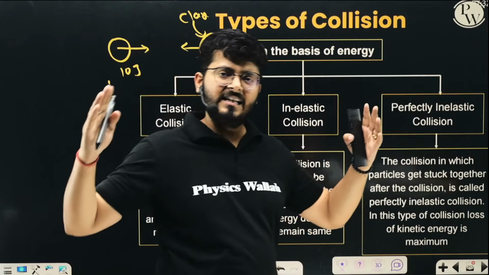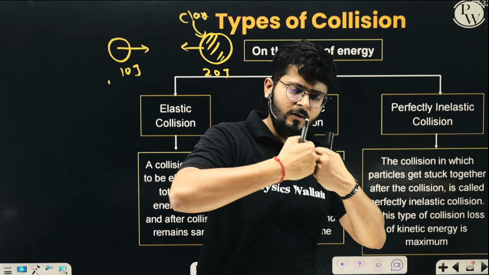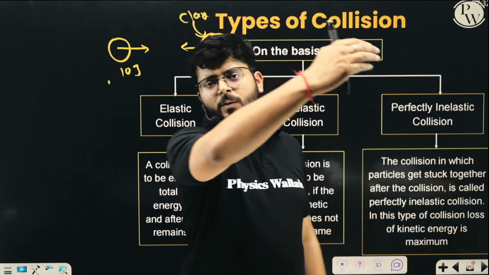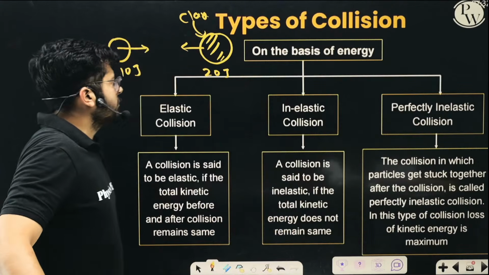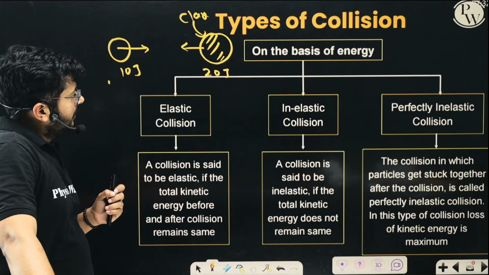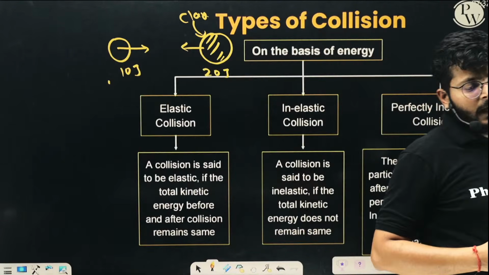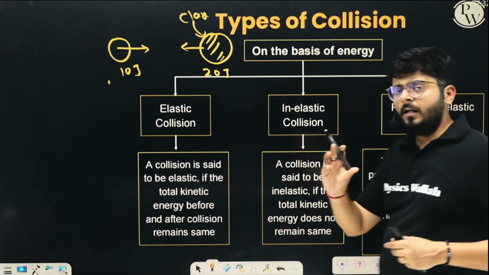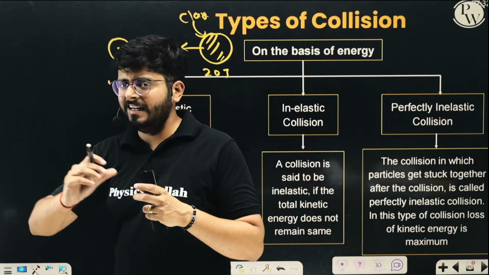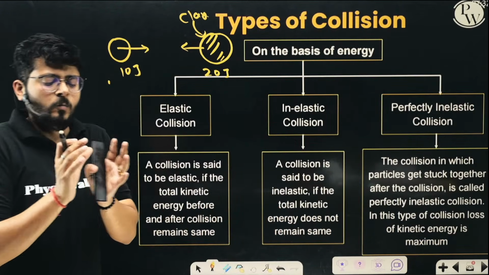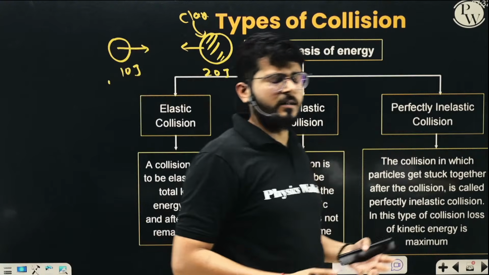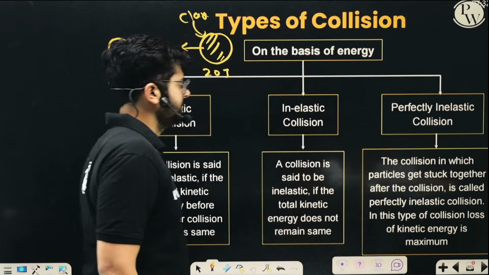It will more or less stick to the truck and move along with the truck ahead. Yes or no? So what will happen in this situation? If two bodies collide in such a way that after the collision they become one and they move together, so that is the perfectly inelastic collision, right? Okay.